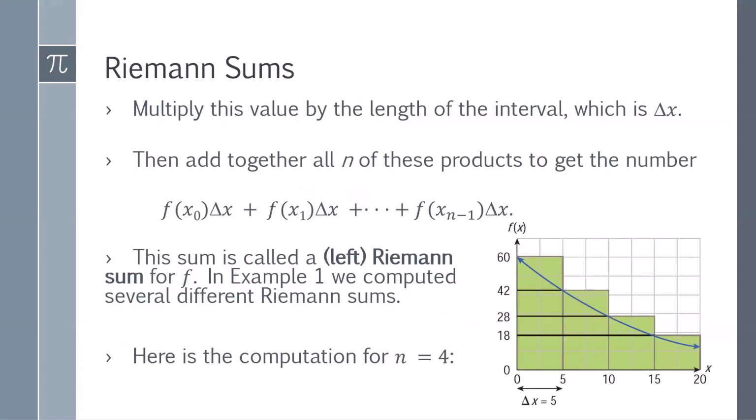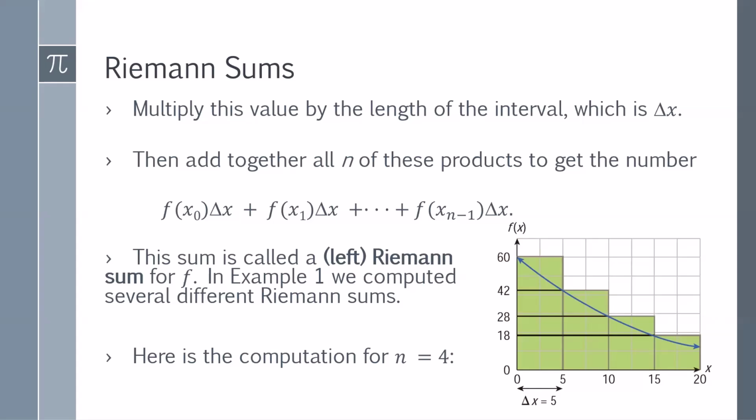We then want to multiply that height value by the length of each interval, which we said was going to be delta x. We then add the length and width products together to get f of x0 times delta x plus f of x1 times delta x, and so on, plus f of xn minus 1 times delta x. What we've made ourselves is what we call a left Riemann sum.